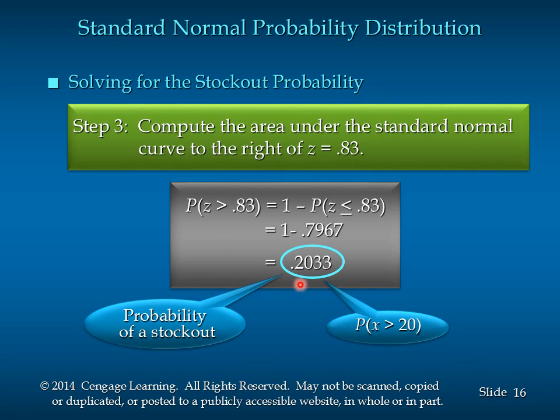What does 0.2 mean? Yeah. That if you did an ordering at 20, you were going to run out of stock 20% of the time. But the good news is you're going to be there 80% of the time.